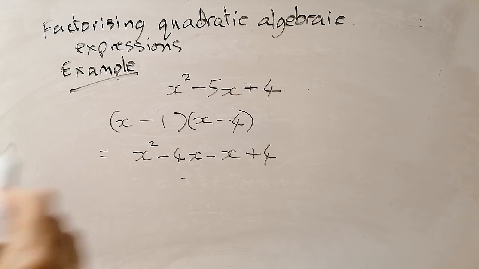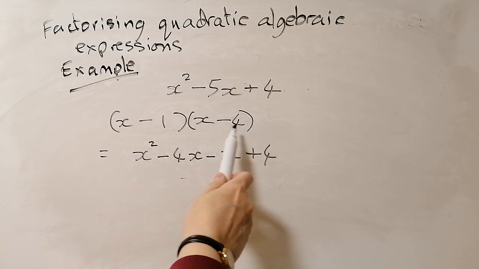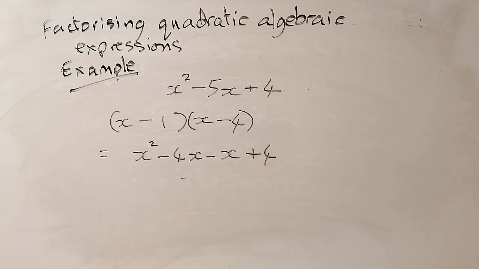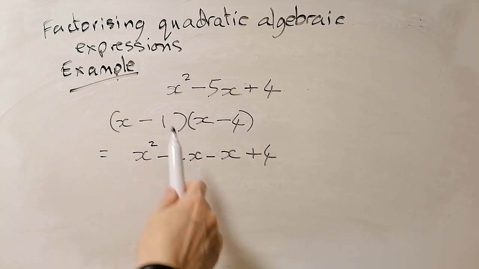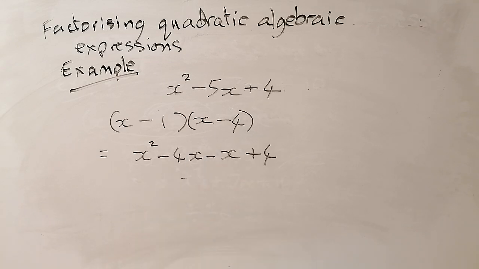Okay, so let's just go through that again. x times x is x squared. x times -4 is -4x. -1 times x is -x. And -1 times -4 is +4.